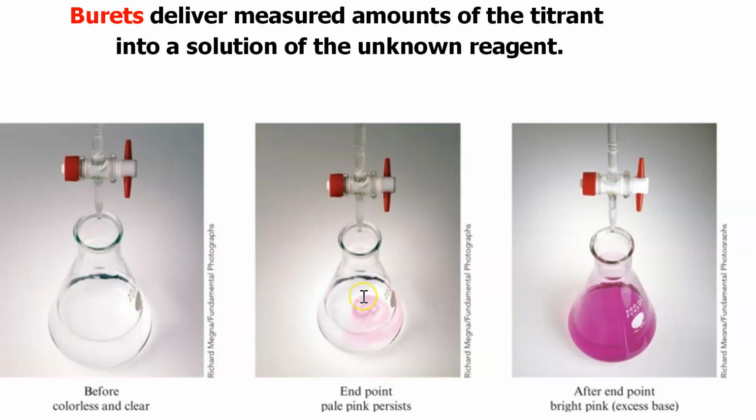As the base is added, you will see some pink color form and then quickly dissipate as it is neutralized. At the point where you have an equal amount of base added, or rather an equal amount of hydroxide ions added, well then you start to see the pink color persist. And that's how you know you've exceeded the endpoint of your titration.